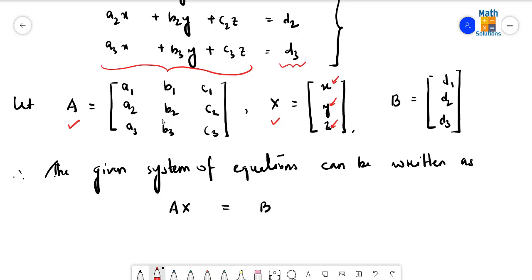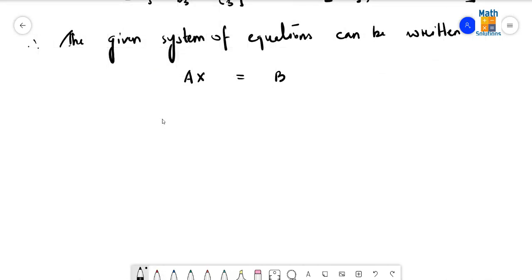To solve means to find the value of the unknown variables of the system. So what is to be done here? To find the value of X, I have to multiply both sides by A inverse.